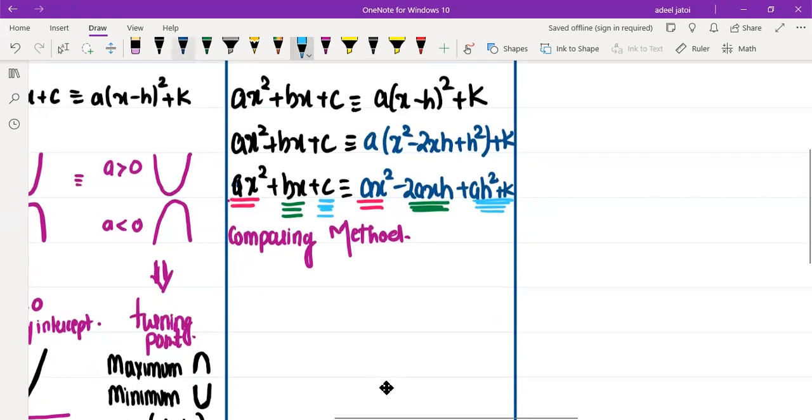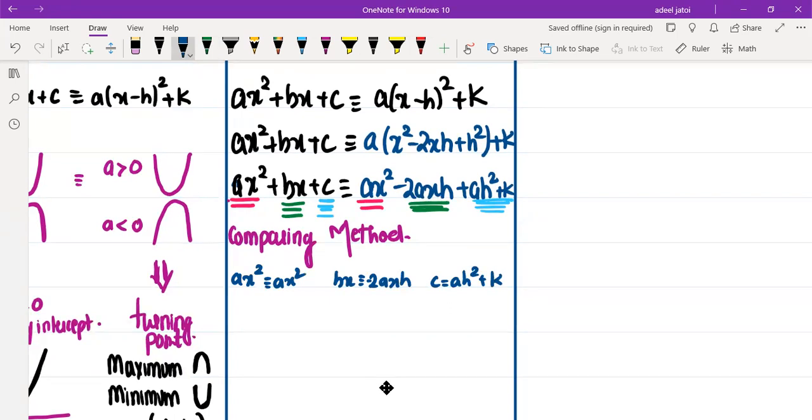So ax square is compared to ax square, bx is compared to minus 2axh, and c is compared to ah square plus k, to find the values of a, h, and k.